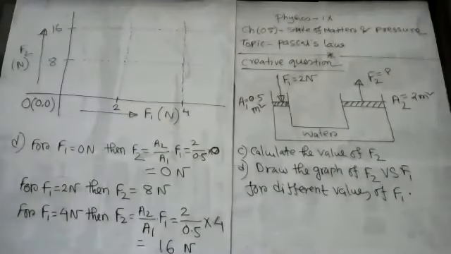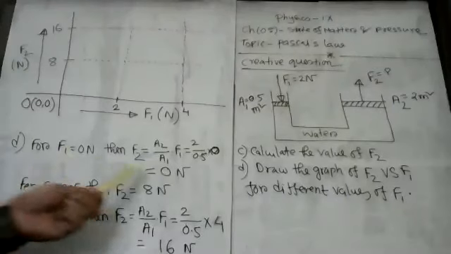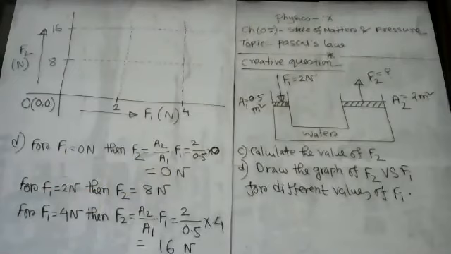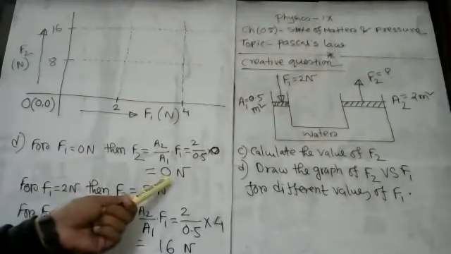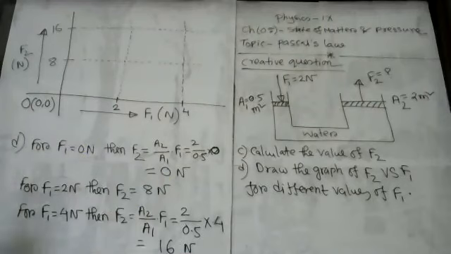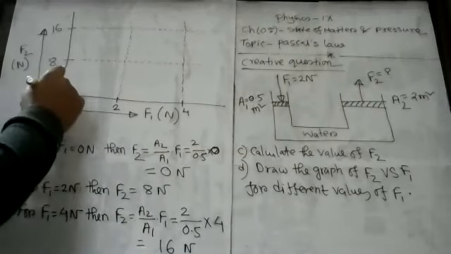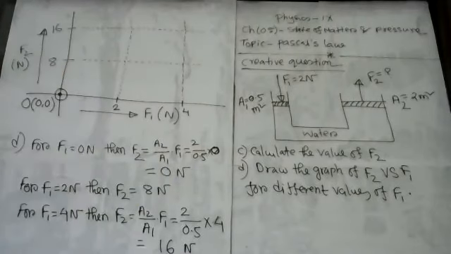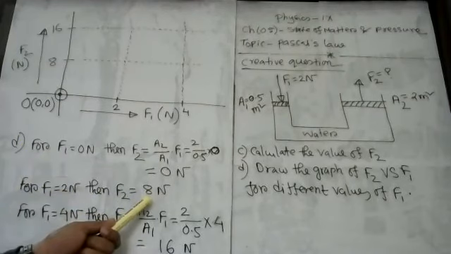Now, my student, the first point is 0, 0 point. So this should be the first point. The second point is here 2, 8 Newton: F1 equal to 2, F2 equal to 8.